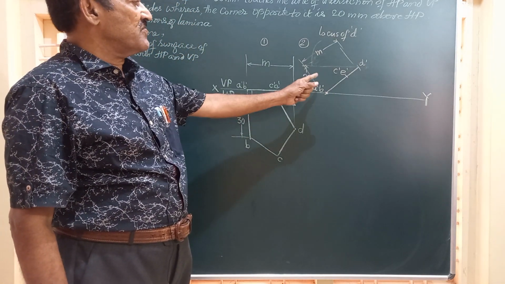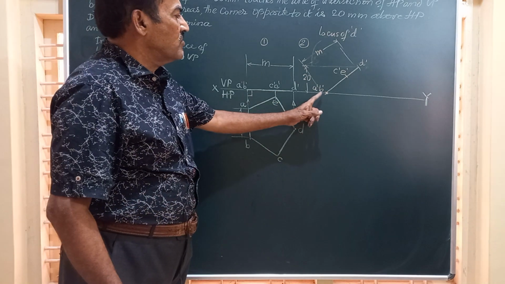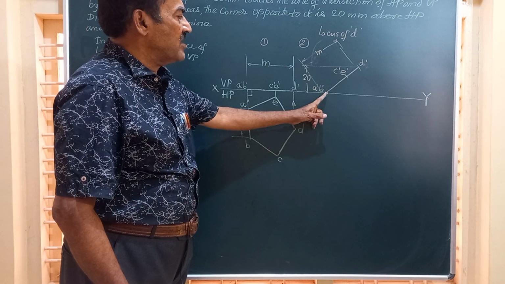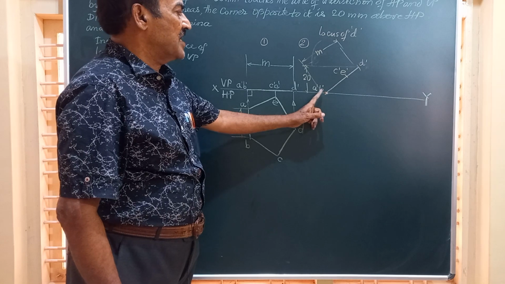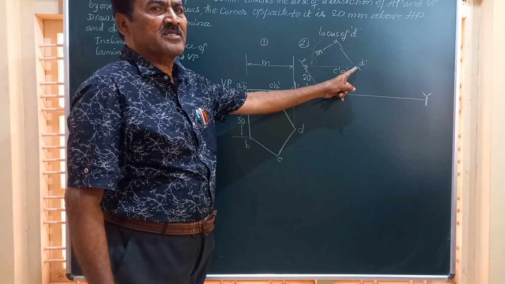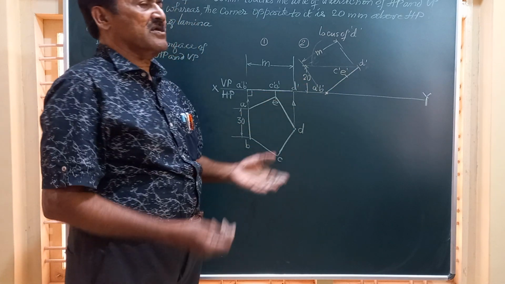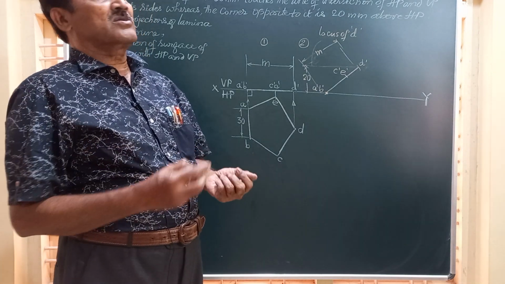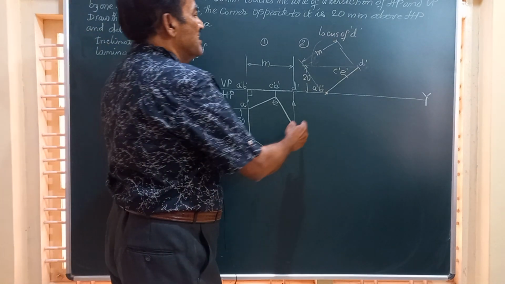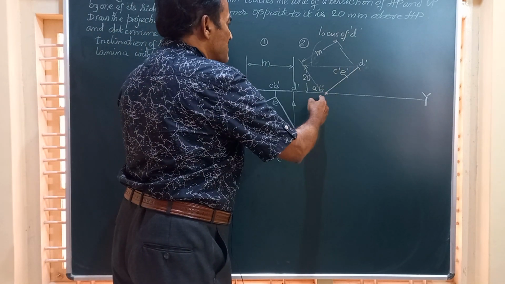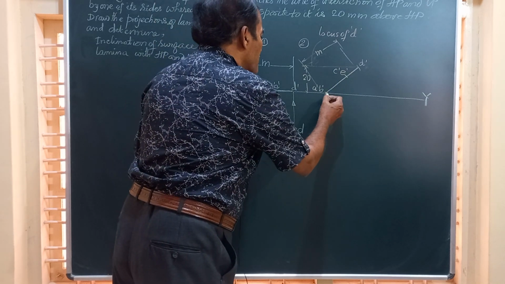Now friends, we have the front view when one of the sides of the lamina is on HP and the corner opposite to that, that is D, is at a height of 20 millimeter. Now friends, let us obtain corresponding to this front view how the top view appears.